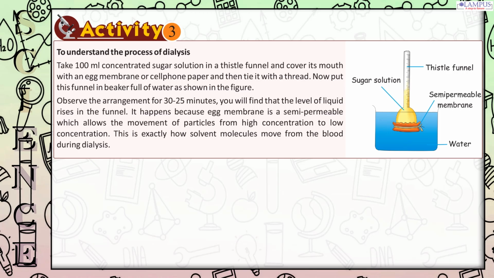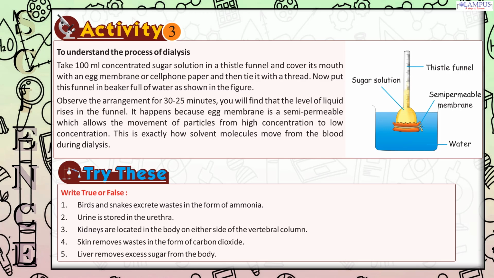Observe the arrangement for 20 to 25 minutes. You will find that the level of liquid rises in the funnel. It happens because egg membrane is semi-permeable, which allows the movement of particles from high concentration to low concentration. This is exactly how solvent molecules move from the blood during dialysis.